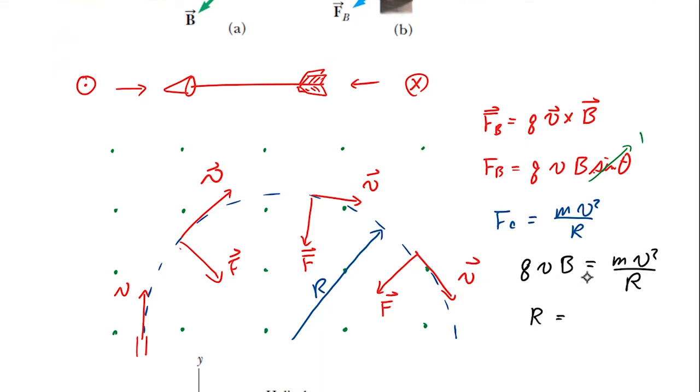So we divide one of the v's, and so we have mv over rB, like that. Q, I forgot Q. There's a Q. So r equals mv over qB. Nice catch, like that. Let's just stare at this for a sec.